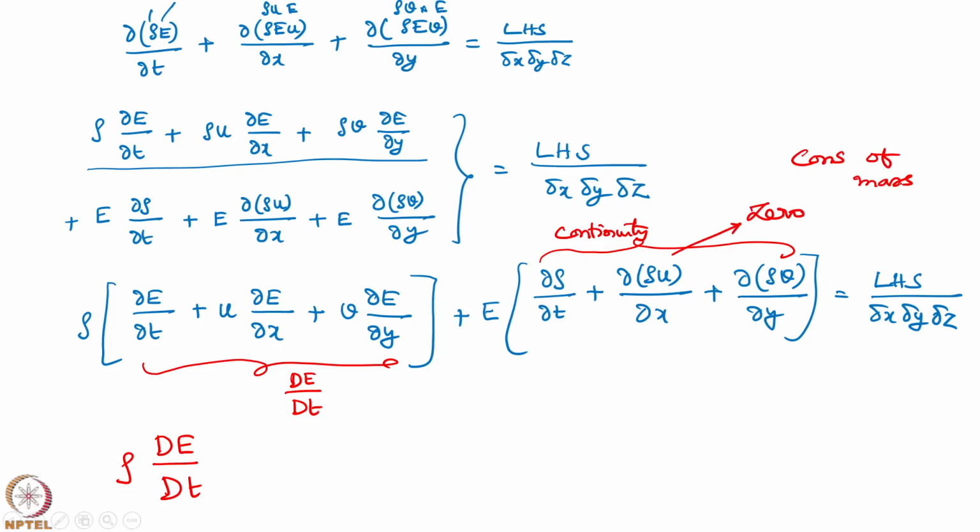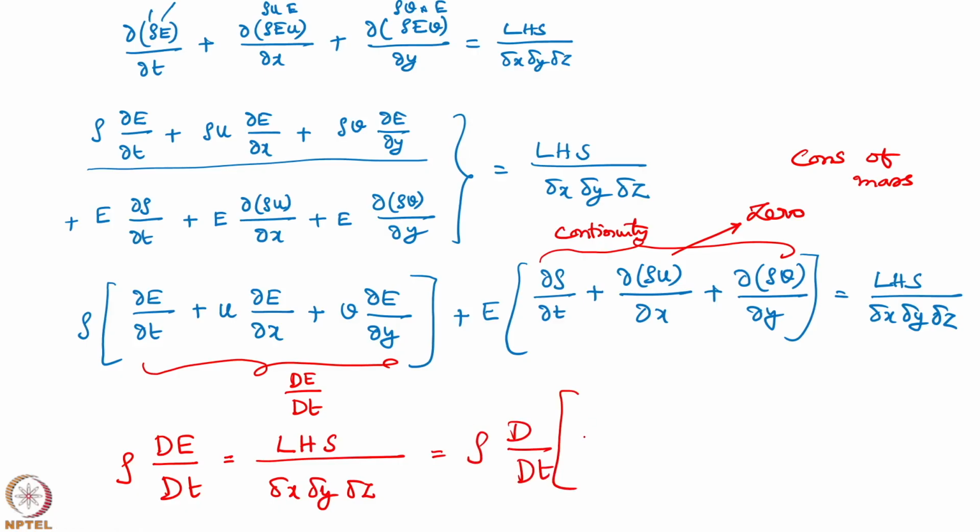So you get rho dE by dt equal to LHS divided by delta X, delta Y, delta Z. This is also equal to d by dt of capital E, which is nothing but E plus U squared plus V squared by 2. Okay.